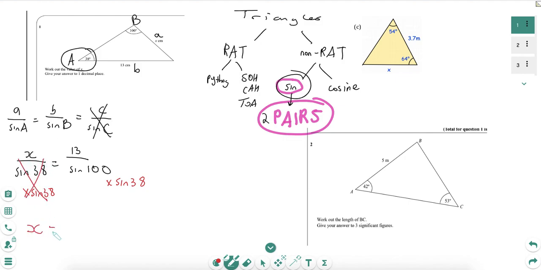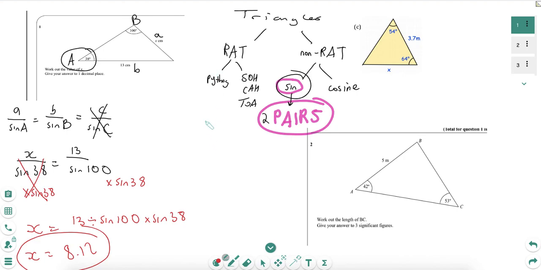So x is equal to, and we're just going to throw this onto our calculator, 13 over sine 100. All I did in my calculator was 13 divided by sine 100, I got the answer, and I multiplied the answer by sine 38. So x is equal to 8.12. And that's your answer, okay?